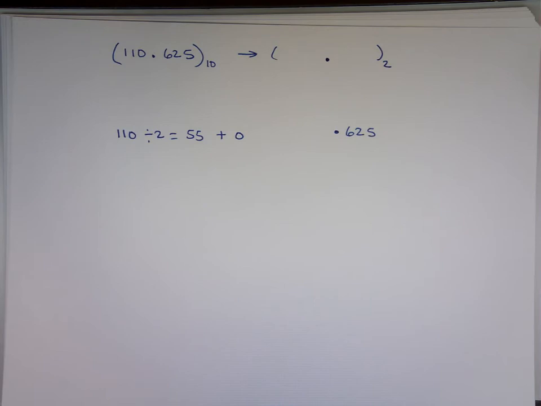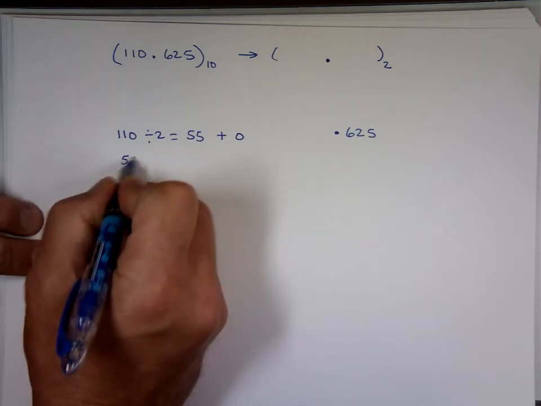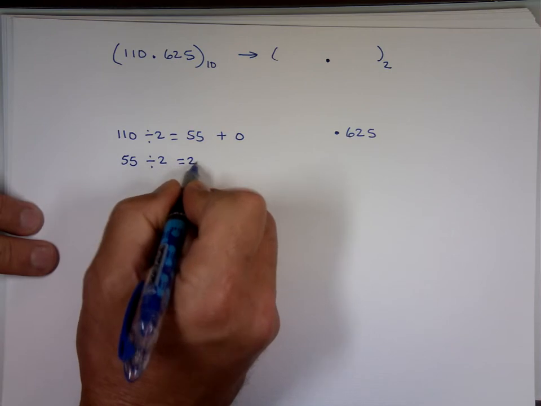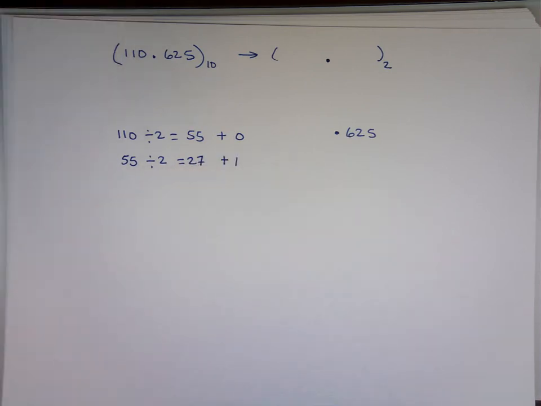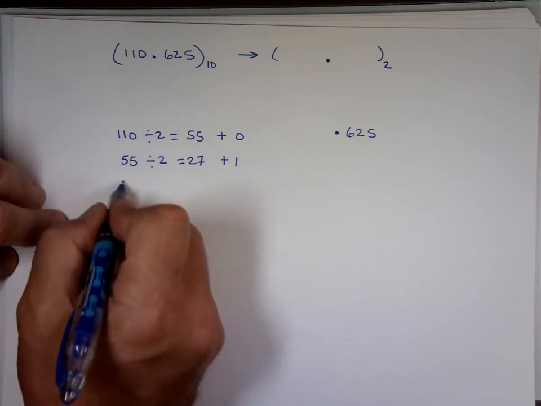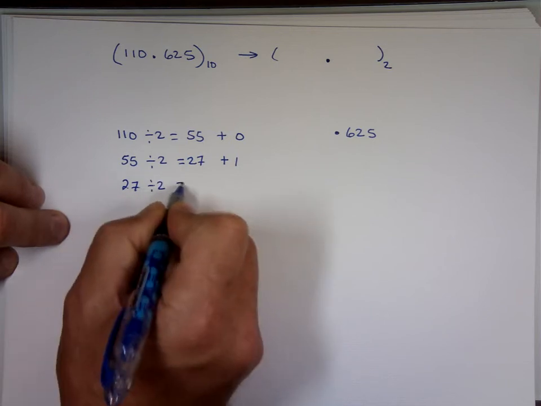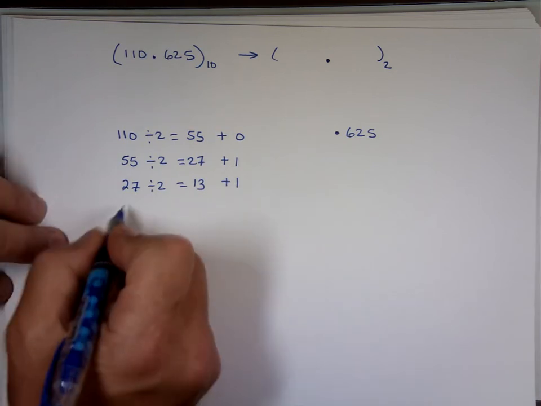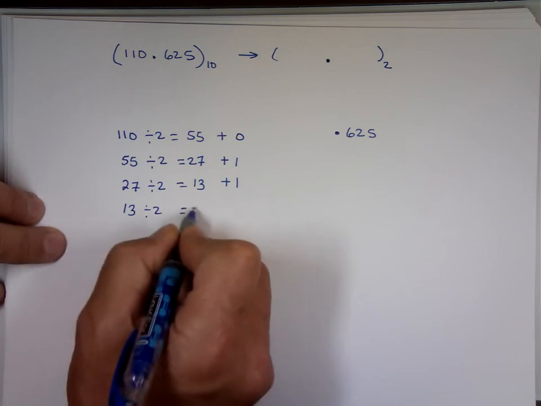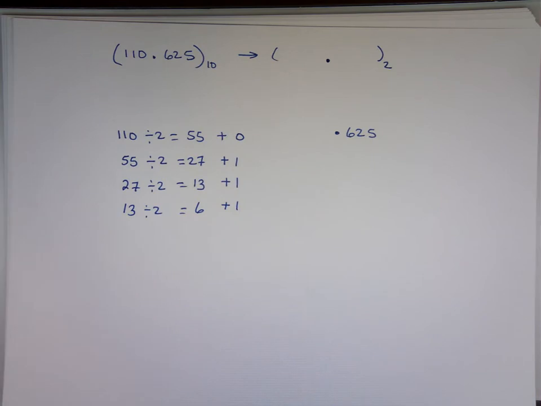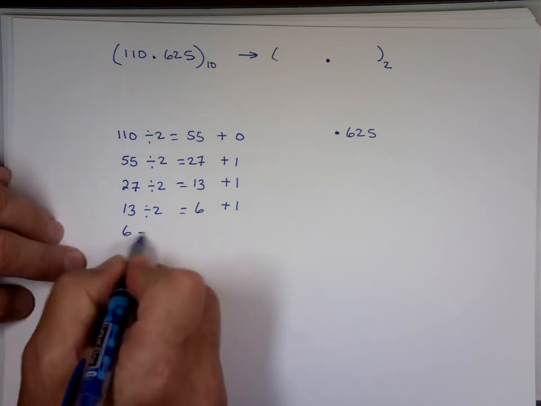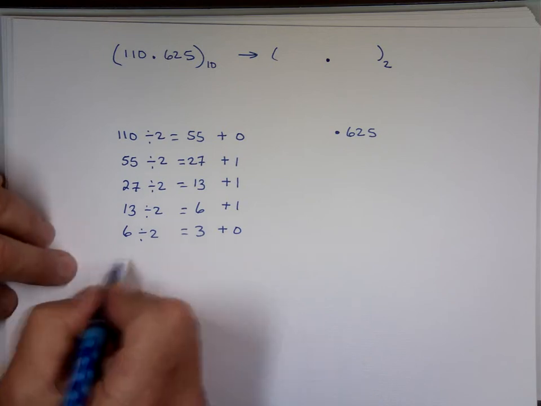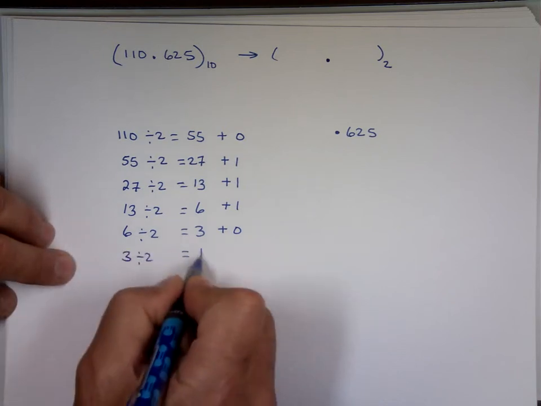55 divided by 2 is what? Is that 27? Remainder 1. 27 divided by 2. 13, remainder 1. 13 divided by 2. 6, remainder of 1. 6 divided by 2. 3, remainder of 0. 3 divided by 2. 1, remainder of 1.